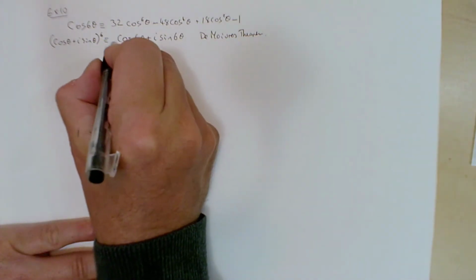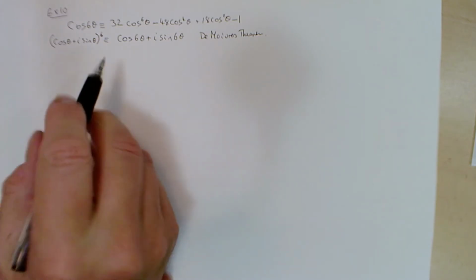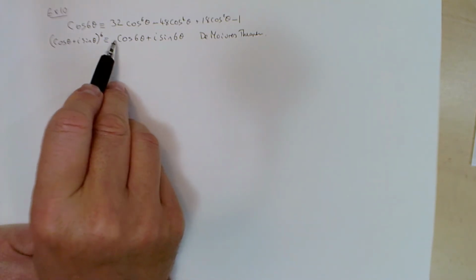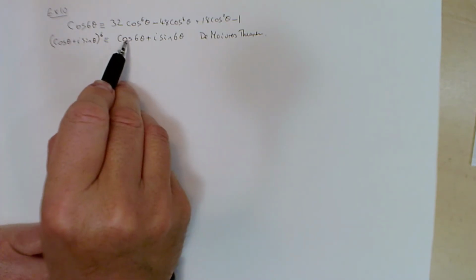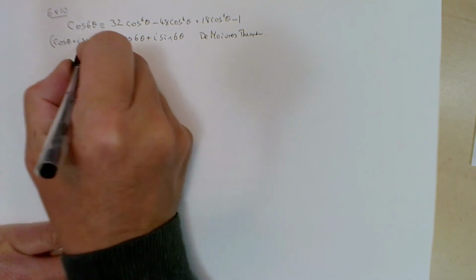So we've got this cos 6 theta here, and once we've expanded this using the binomial expansion, we're going to equate the real part of this expansion with the real part over this side, because for two complex numbers to be the same, the real parts equal the real parts and the imaginary parts equal the imaginary parts.